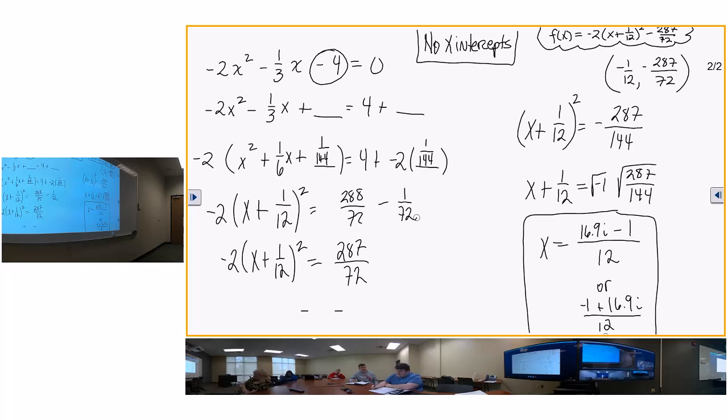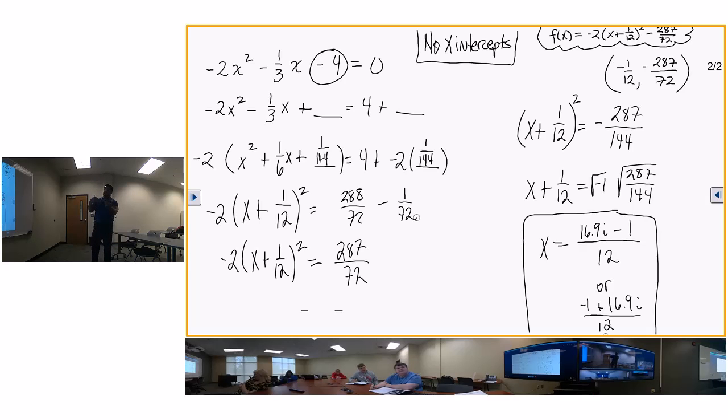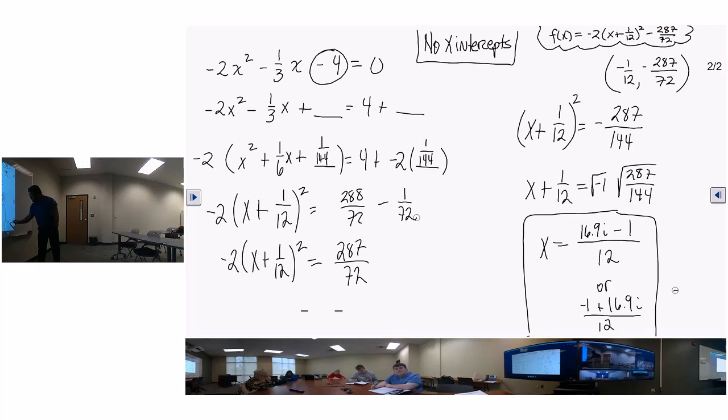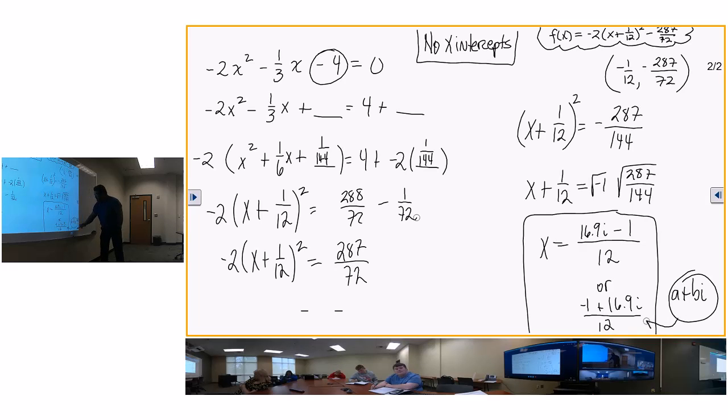For some reason, there's this thing in math where they want you to put the i last. It's not a big deal. The answer is still correct either way you write it. But just to be on the safe side, make sure you know what the directions are asking. And the directions will say, put in the form of a plus bi. If the directions say that, you have to write it like that or it'll mark it wrong.